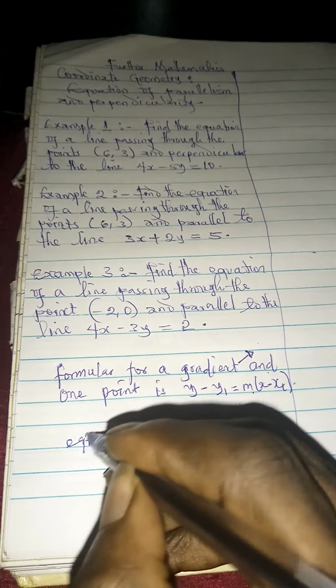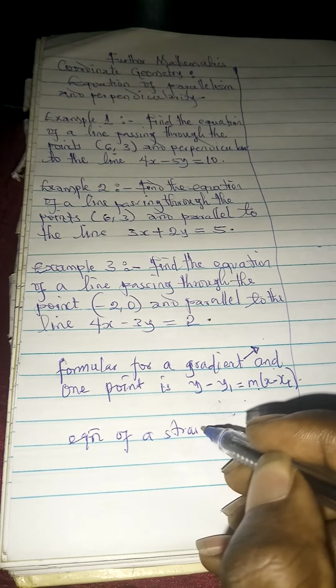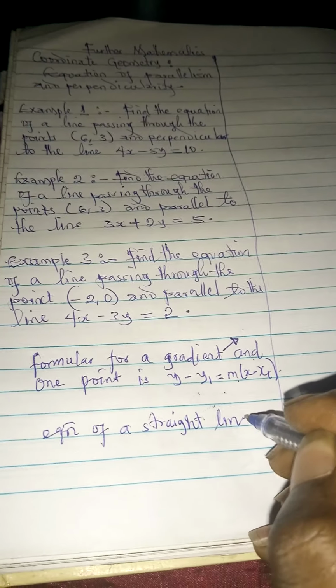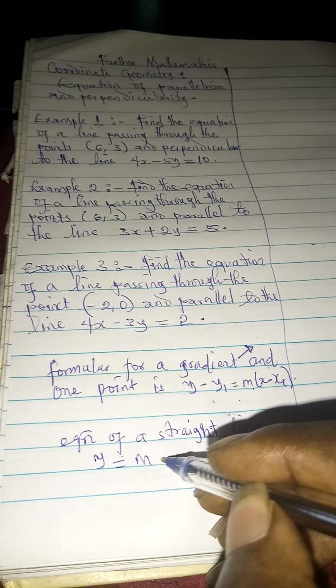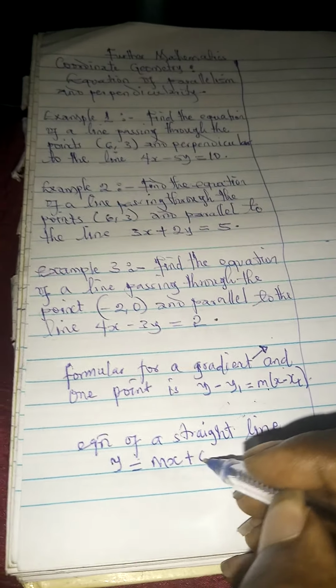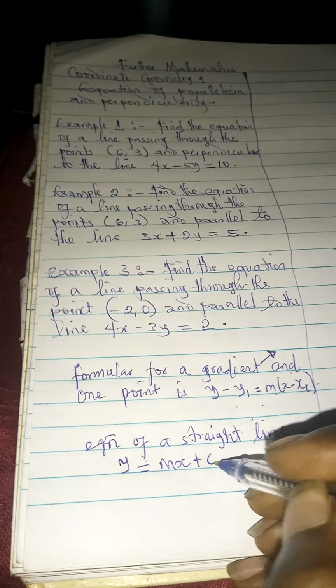If you can still remember, the equation of a straight line is y equals mx plus c, where y is representing y1, m is the slope or the gradient, x is x1 from the equation of a straight line, and lastly c is the y-intercept.